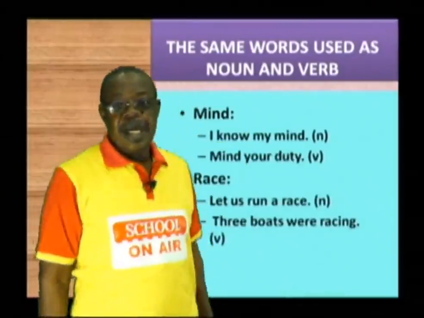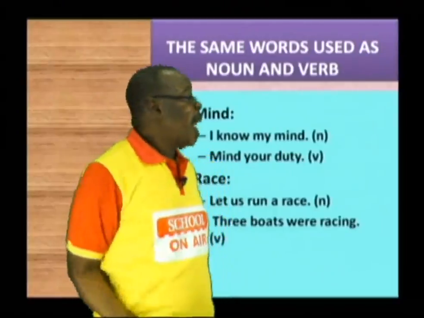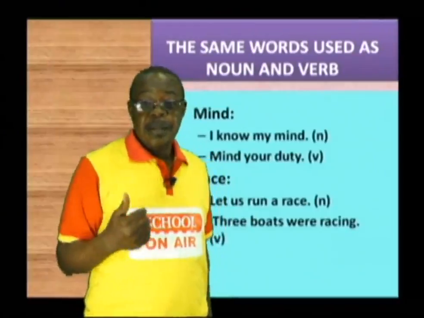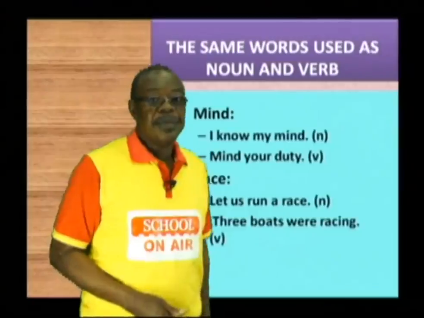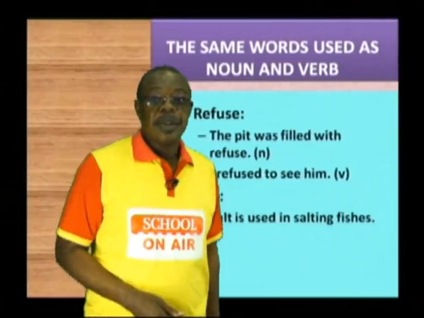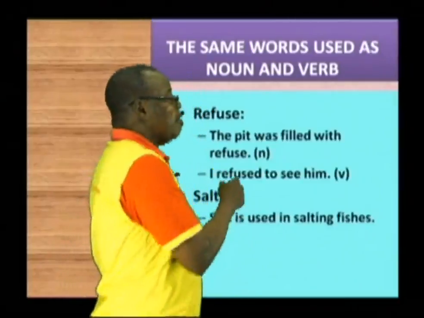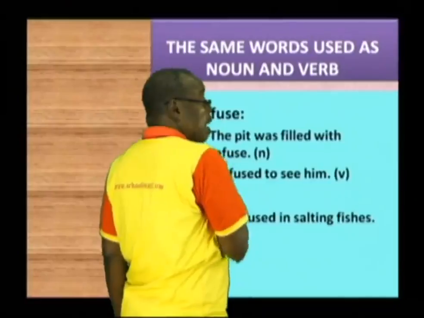Race. Let us run a race. There, a race is a noun, and then those both were racing, verb. Okay? Is that clear? And then you have refuse and refuse.